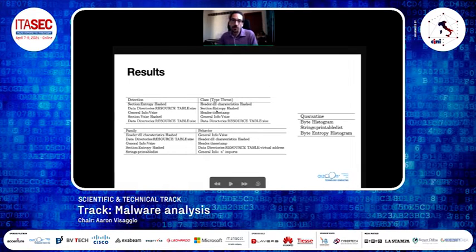So in the detection and the classification stages, we have substantially no surprises compared to what we can see in the literature so far. We see the size, the virtual size, the timestamp. Nothing too surprising. It's quite a standard result.